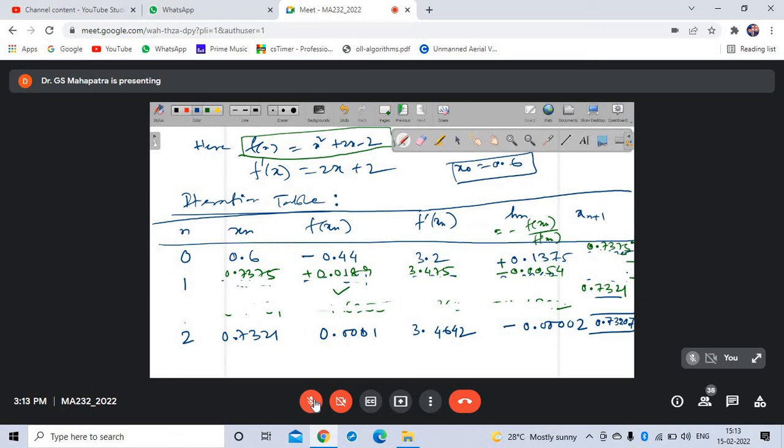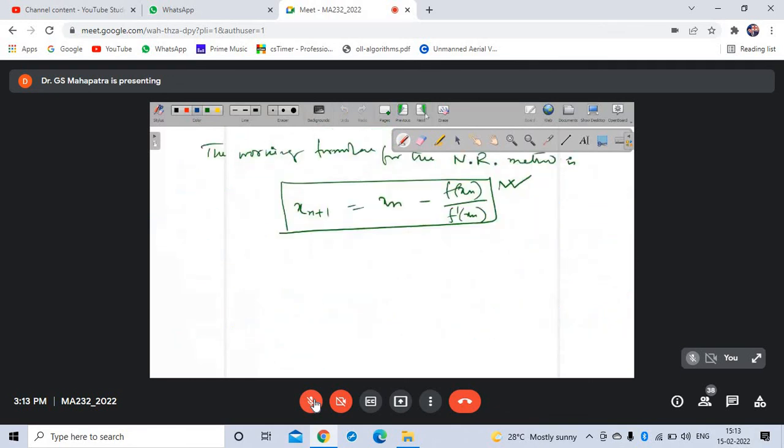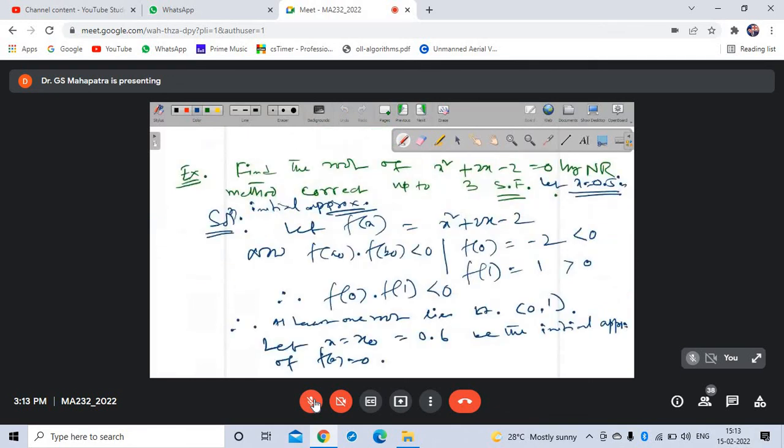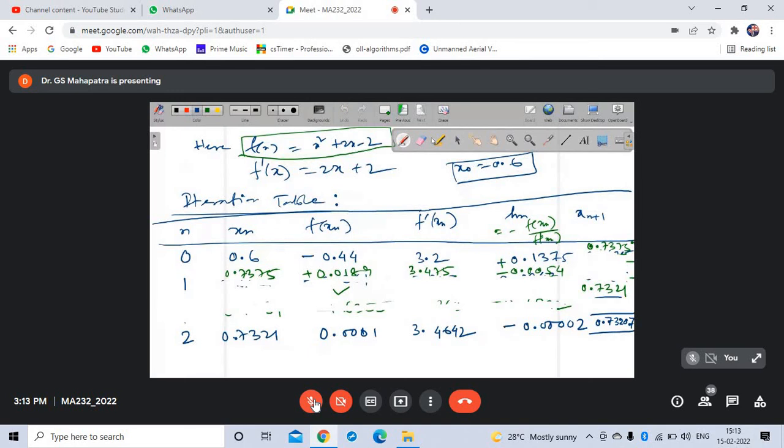Why? As per your question, I will go to the previous slide. Correct up to 3 significant figure. Next, just check 3 significant figure for the 2 successive iterations. Okay. 0.732, 0.732. These are the 3 significant figure.